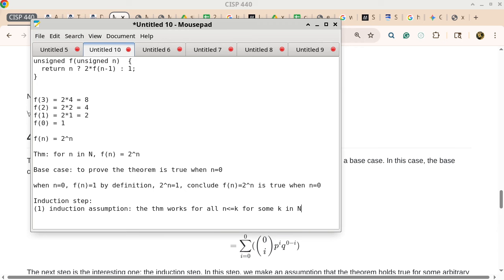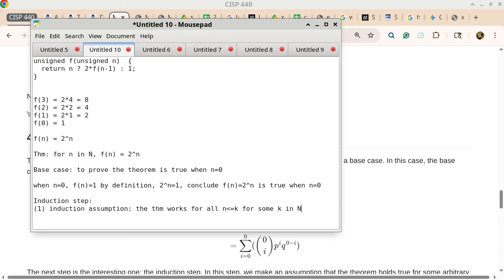Okay, so I'm going to explain exactly what that means. The induction assumption basically says, well, we know the theorem works, but only for all the natural numbers n that are less than or equal to some k that is a natural number itself.